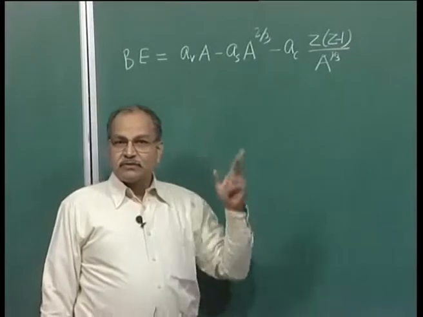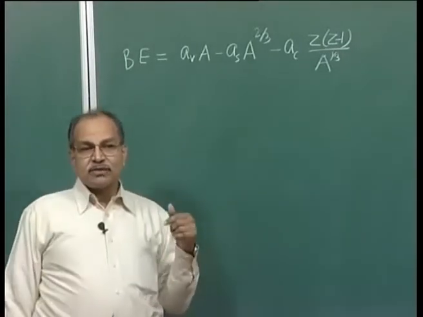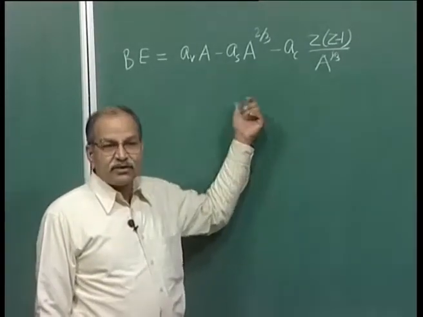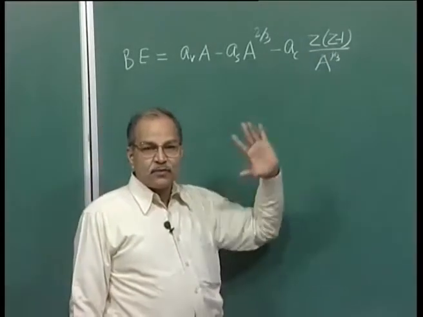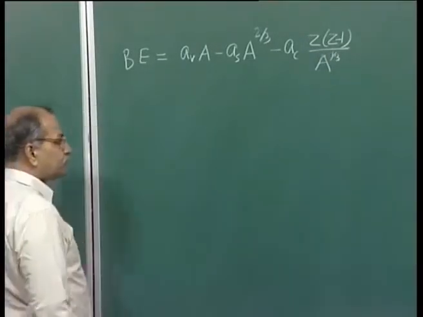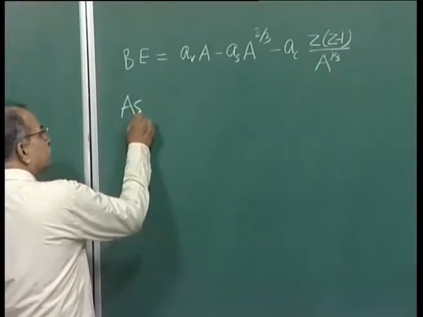But then there are two important quantum mechanical corrections or terms which we have to add. One is what we call asymmetry term.